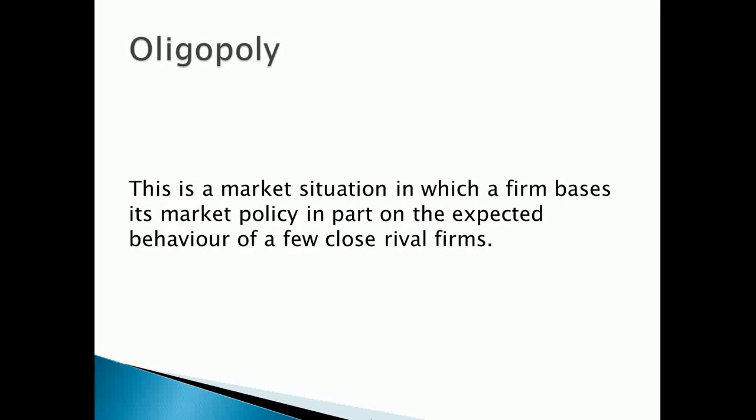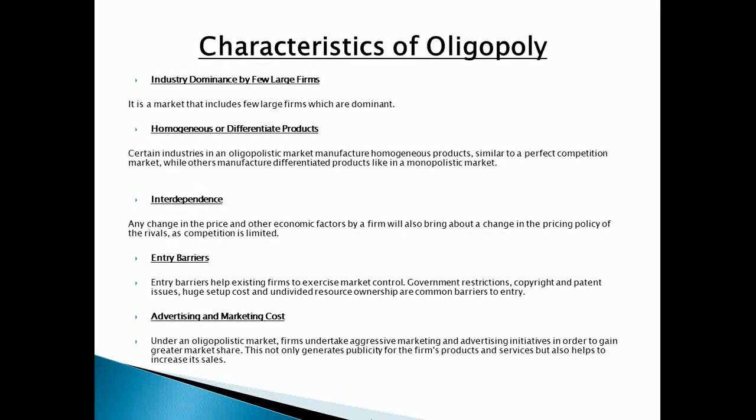What are the causes of oligopoly? Number 1, economies of scale. If the productive capacity of a firm is big enough to capture a greater percentage of the total available demand for the product in the market, then there will be very few firms in such an industry.